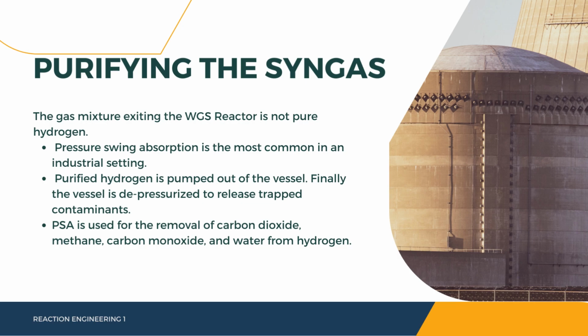The gas mixture enters a purifier where specific adsorptive materials trap contaminants at high pressures. Some of the contaminants include carbon dioxide, methane, carbon monoxide, and water. Purified hydrogen is then pumped out of the vessel, and finally the vessel is depressurized to release trapped contaminants.